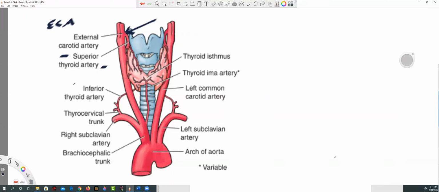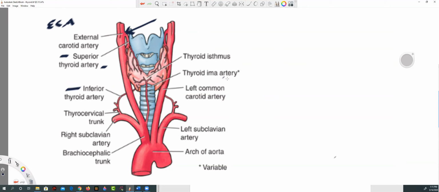So superior thyroid artery, and then there's an inferior, of course, obviously that's on both sides, and then an inferior thyroid artery, which comes off of the subclavian. So subclavian comes up, and sometimes we do see this. It'll come up and go into the thyroid.